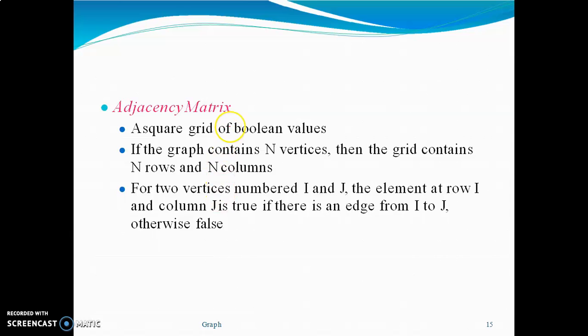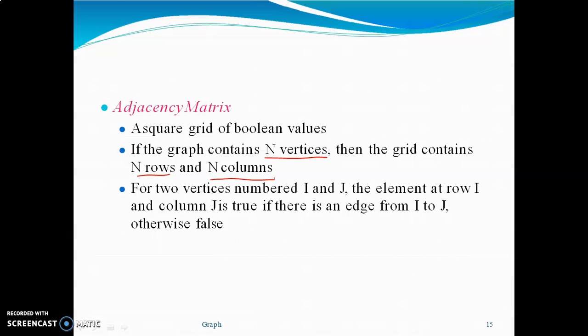We'll see these representations one by one. First, adjacency matrix representation. This is in the form of a square matrix. The square matrix has n vertices as the n rows, and in the same way n vertices as the n columns. So if you have 5 vertices, then you can write a matrix of 5 by 5 size.